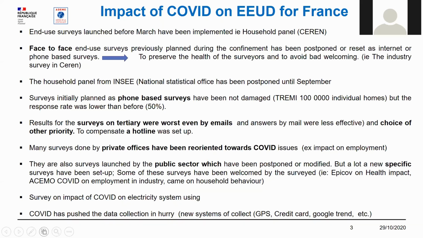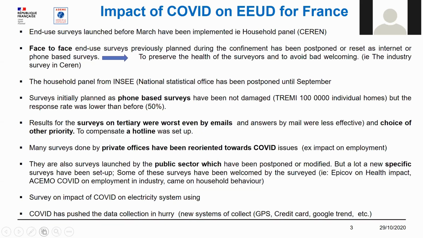What is important for the future, I think, is that we have observed that all our phone-based surveys were not damaged by the COVID pandemic, except that the response rate was lower.